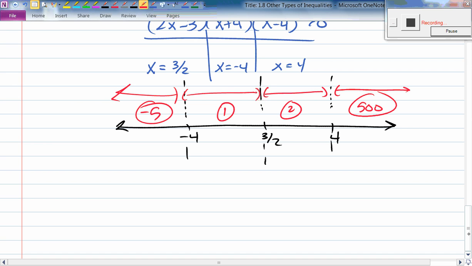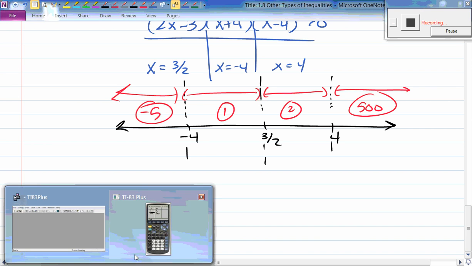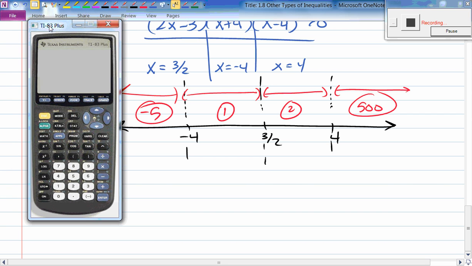Okay, calculator time. I don't want to plug all this in by hand. Let's be smart. Turn it on, go to y equals, and clear everything out. We'll plug this in together.